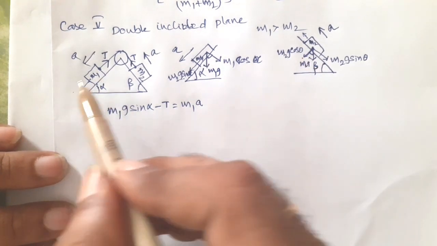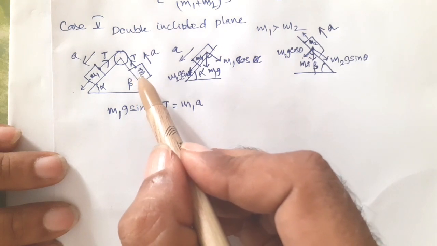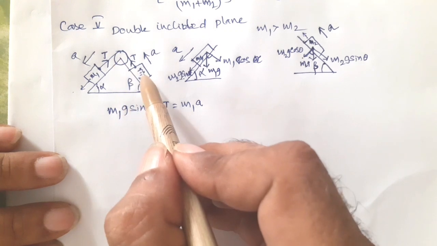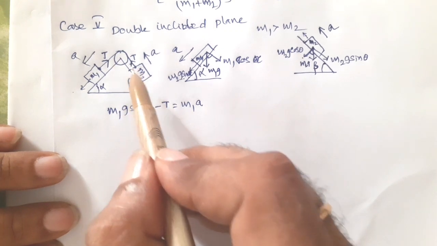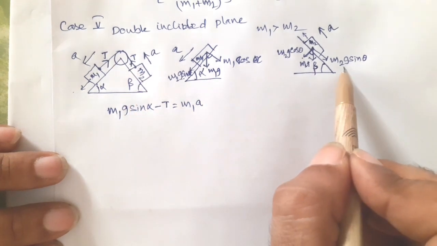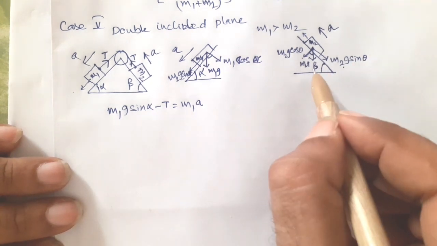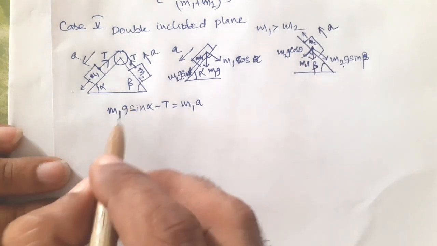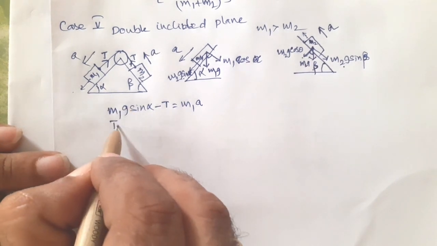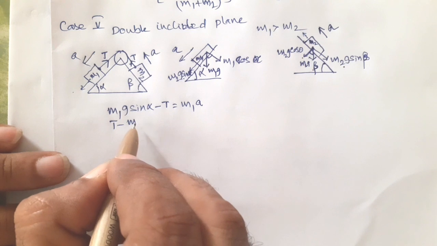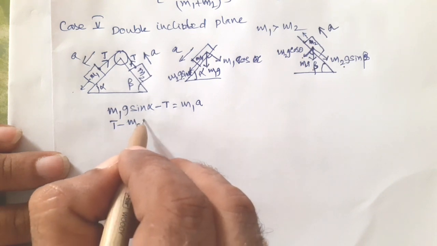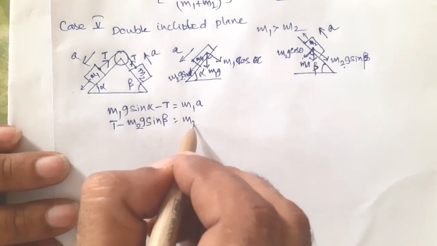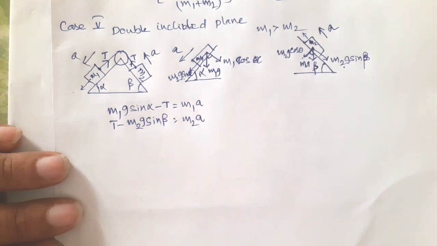Now come to this part. Now when it is moving in this direction, this body moves in the upward direction. Therefore, the tension is greater than this part of the weight. And here it is beta. Therefore, you can write T minus m2g sin beta is equal to m2a.